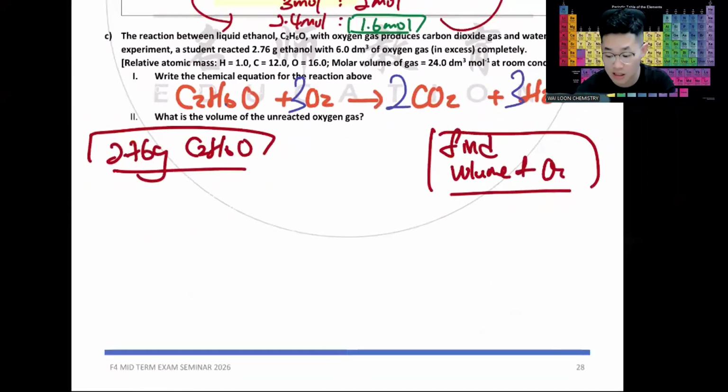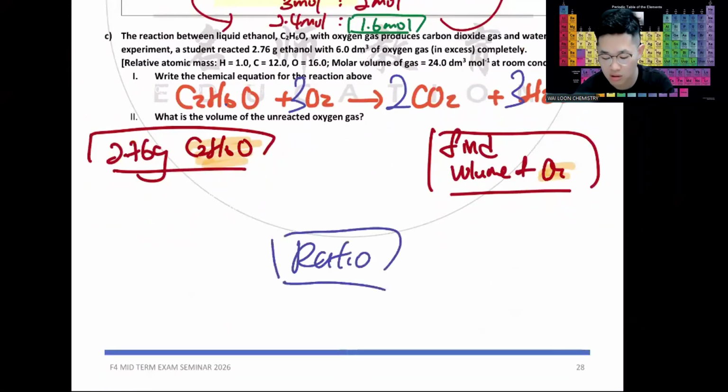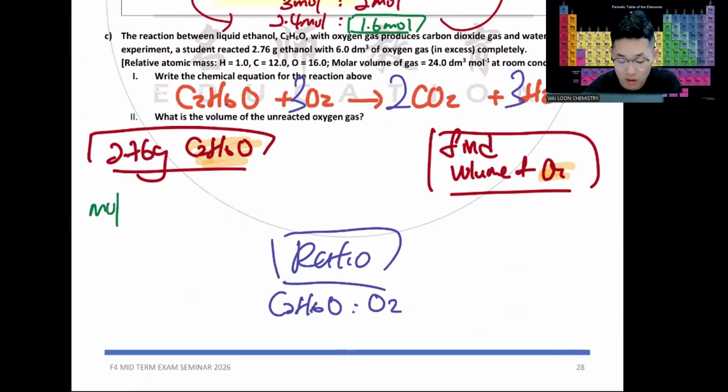There are 2 different substances, can you see? So I have to do ratio. So I do one by one. Starting from this, mole equals mass over molar mass.